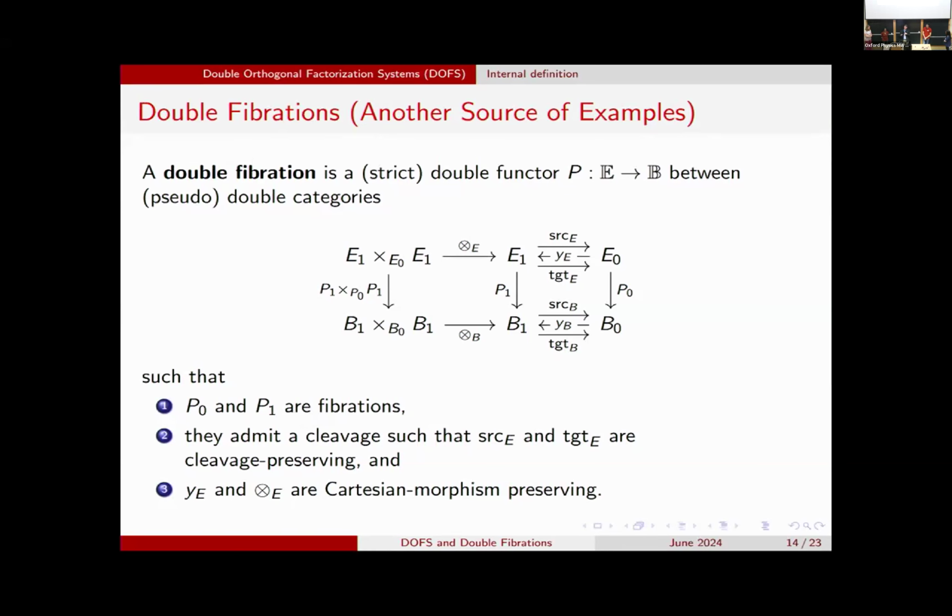We require that each of these fibrations admits a cleavage, which is preserved by the source and target maps of E. And we also require that the identity and composition preserve Cartesian morphisms.